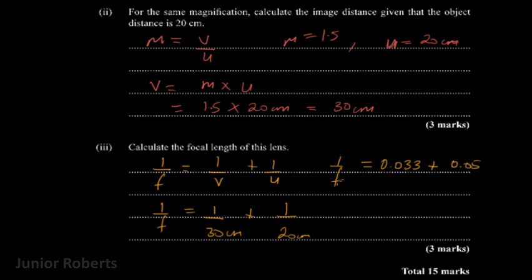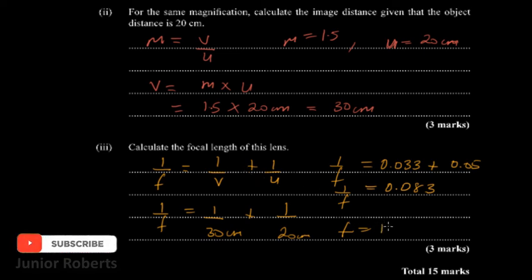So 1 over F is 0.033 plus 0.05, which is 0.083. Therefore F would be equal to 1 divided by this. If we take 1 divided by 0.083, we get a focal length of 12 centimeters. And that would be it for this question.